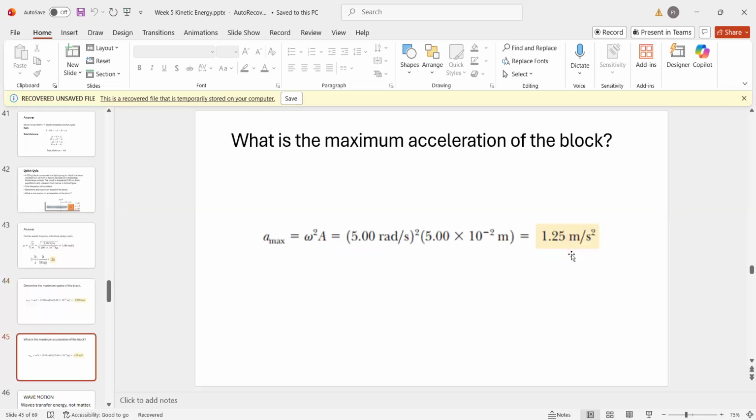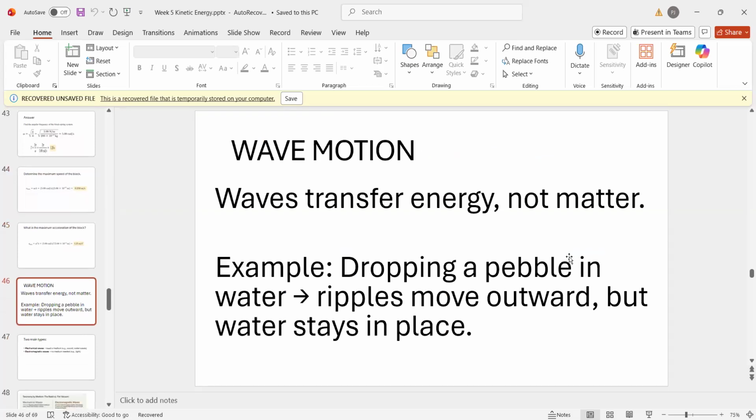And then they want to calculate the maximum acceleration. This is the formula for maximum acceleration: omega squared times amplitude. So the values of the omega that you have, you square it, multiply by the amplitude value, and then you're able to have 1.25 for the maximum acceleration.